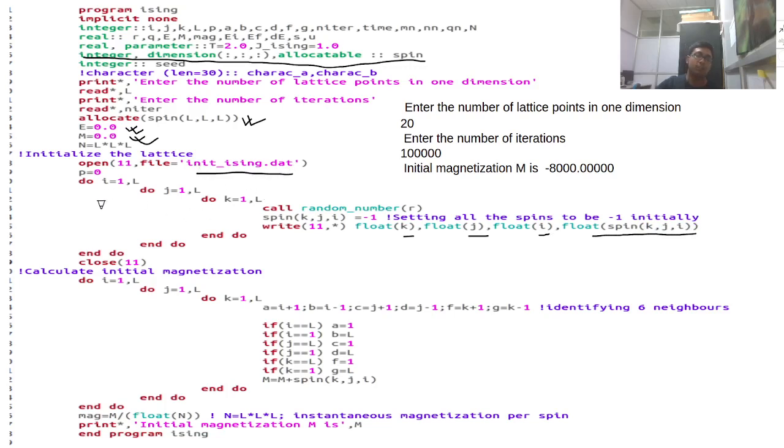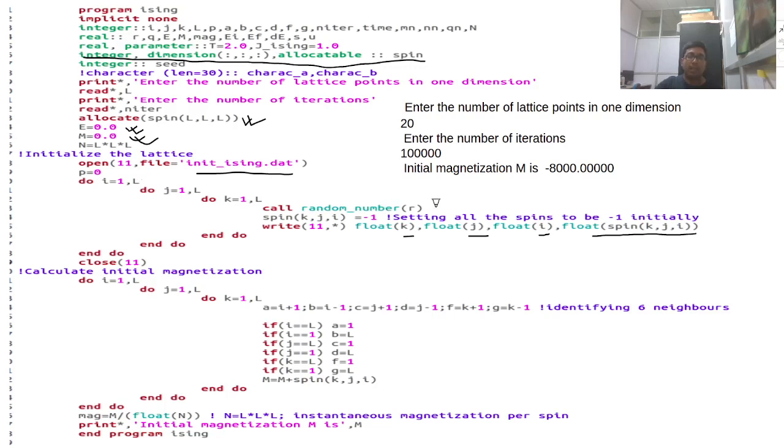How should we do that? In the codes given by the faculty you can see there are just two loops, but here we are considering three dimensions, so we need a loop in each dimension. Here I, j, k each run from 1 to L, and that will cover each of the lattice sites.